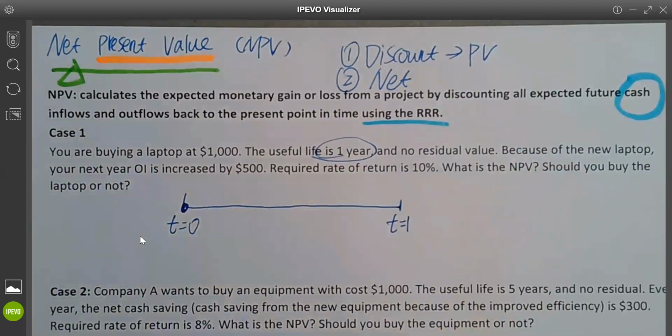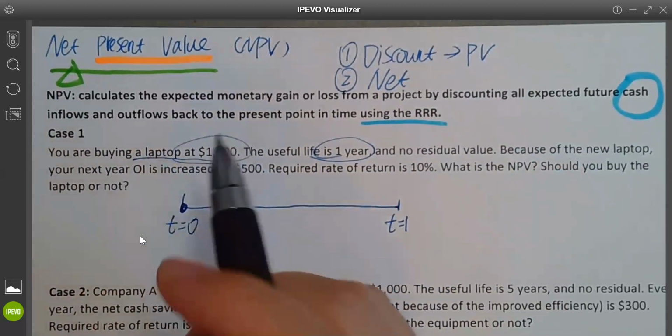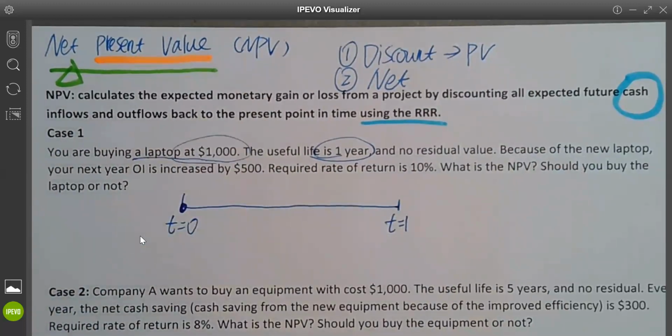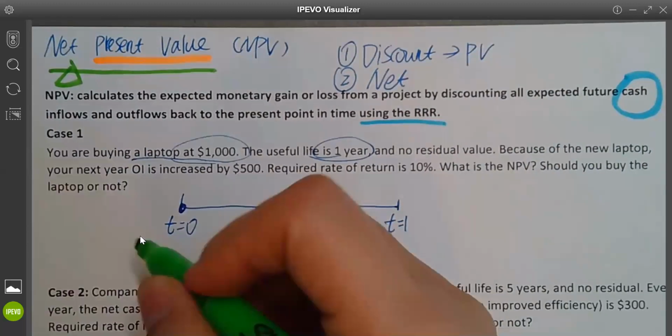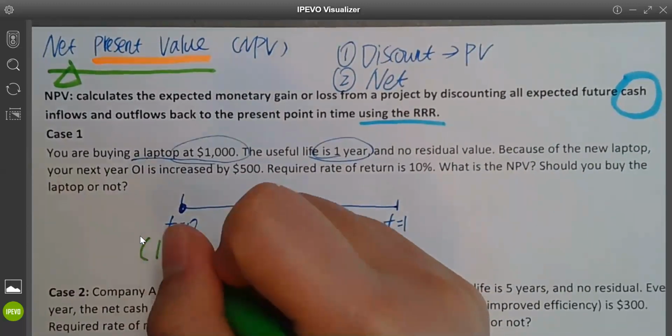So you are buying a laptop for 1,000. What does that mean? You have to spend 1,000 now, so you have a cash outflow of 1,000. We use negative as outflow.